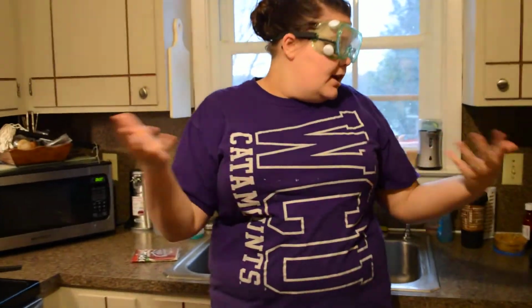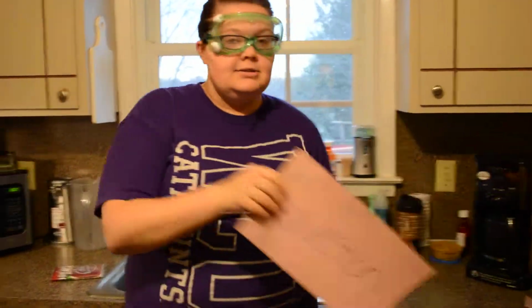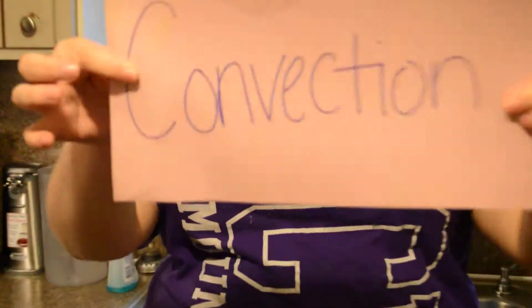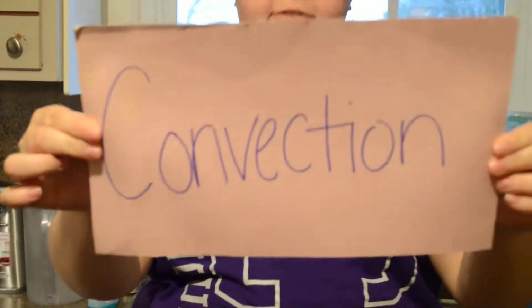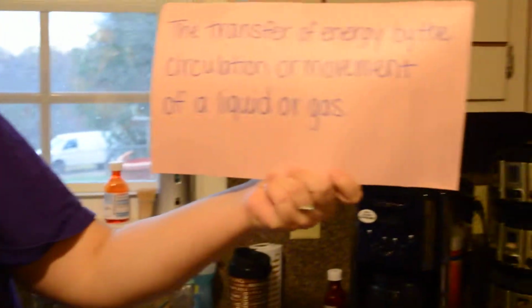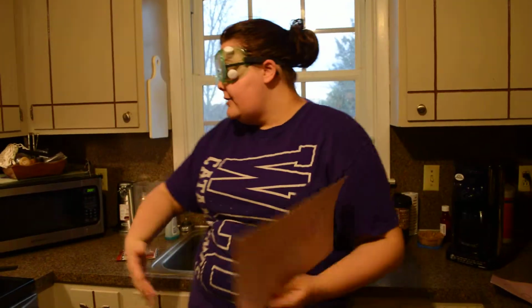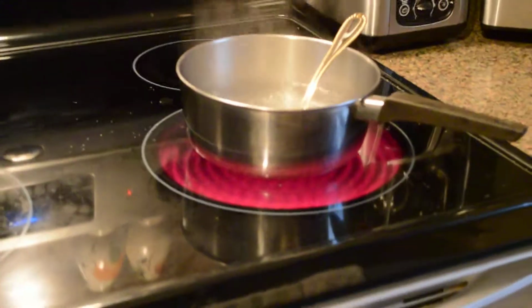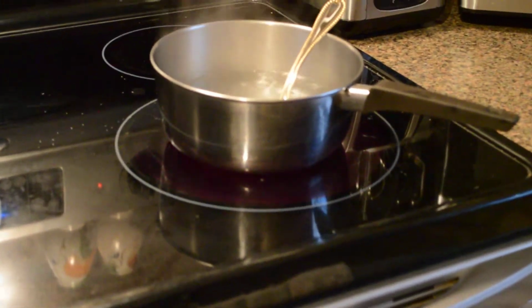Secondly, we're going to talk about convection. What is convection? Convection is the transfer of energy by the circulation or movement of a liquid or a gas. Well, if we come back to my boiling pot of water, the pot of water was cold to begin with.